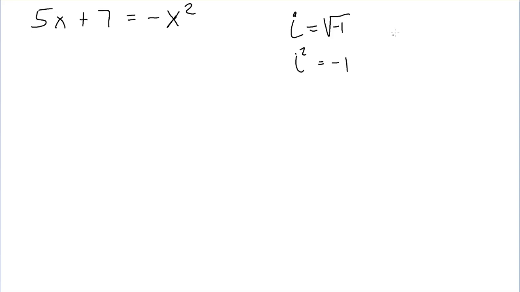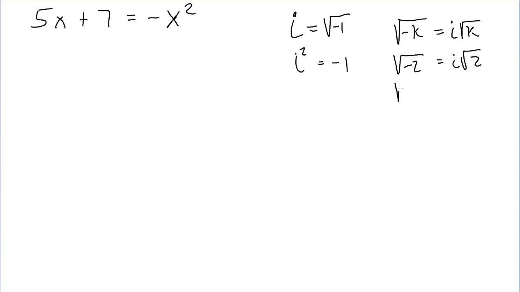Now, if you have something that looks like this, the square root of -k, then you can rewrite this with the imaginary part explicit in this way, i times the square root of k. So here's an example. Square root of -2 is i times the square root of 2.